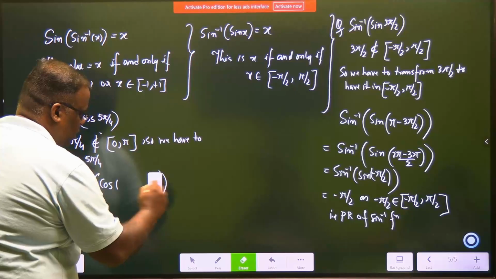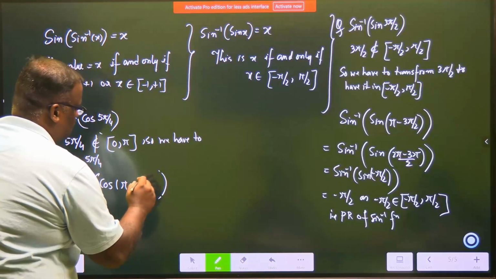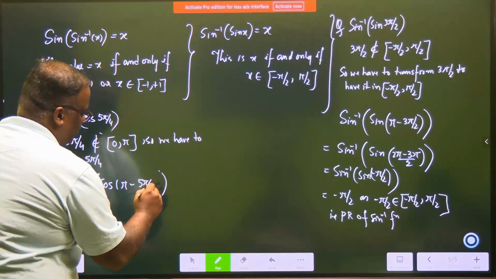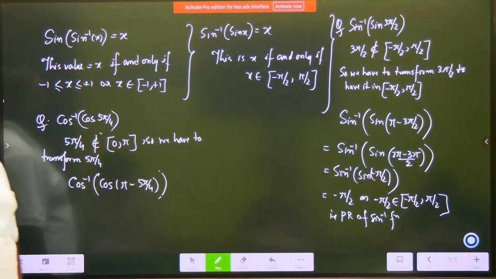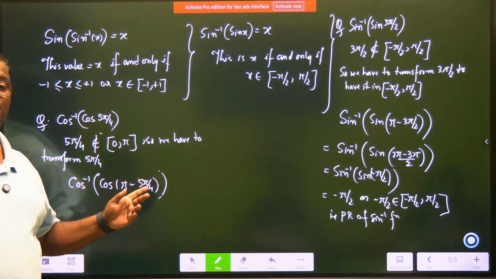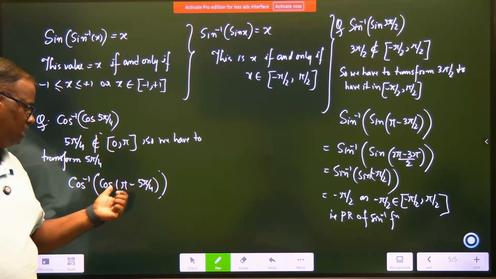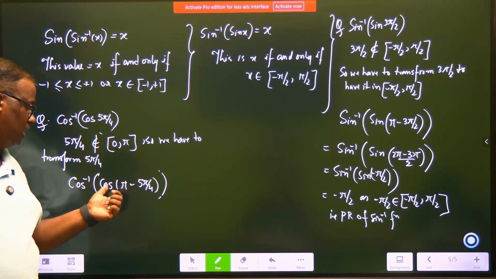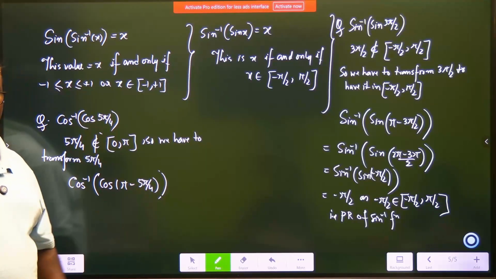So let's make it pi minus 5 pi by 4. Pi minus means you will get into the second quadrant, where only sine is positive and cos is negative. But that negative we will deal with. Let's see the first thing. It becomes negative pi by 4.